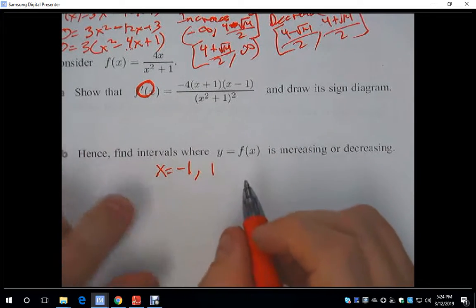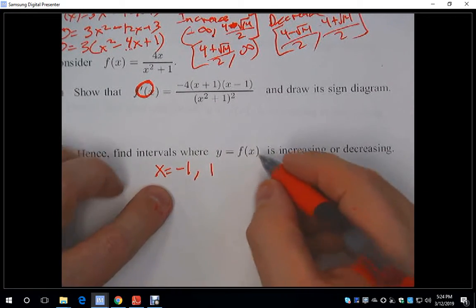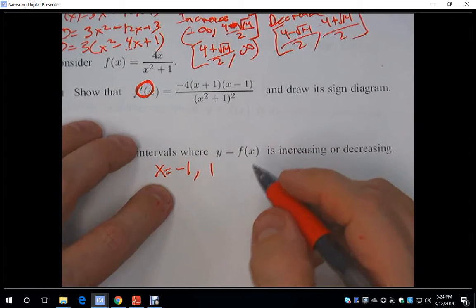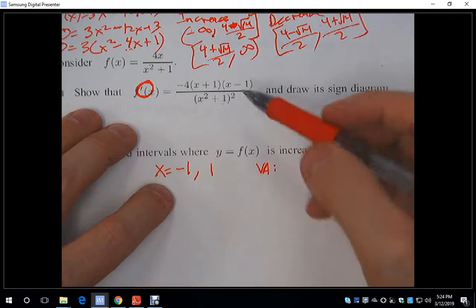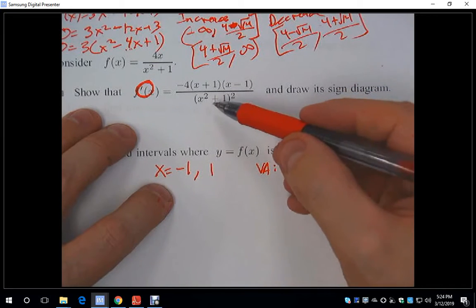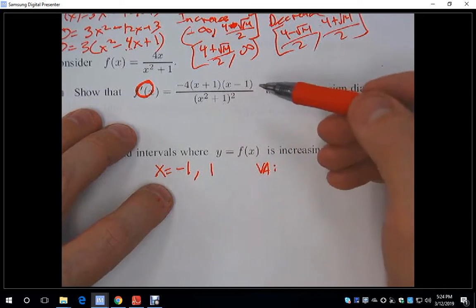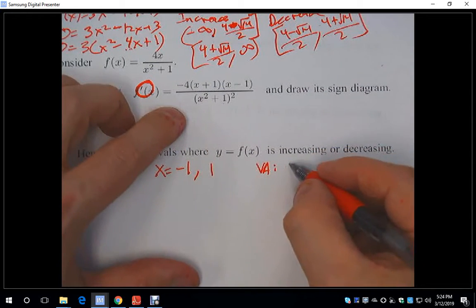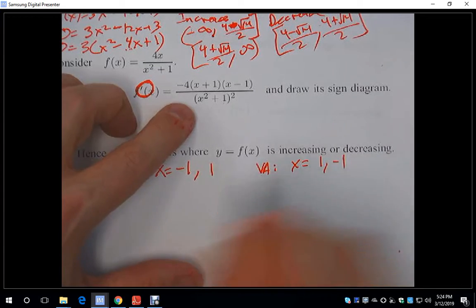Now, I also need to consider the critical points, where I have a vertical asymptote. Now I have vertical asymptotes when the denominator is 0. I want to know the x values that would not be allowed on this graph because that would give me a denominator of 0. So, is it at 1 and -1?